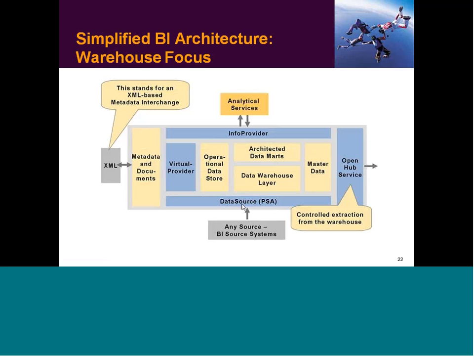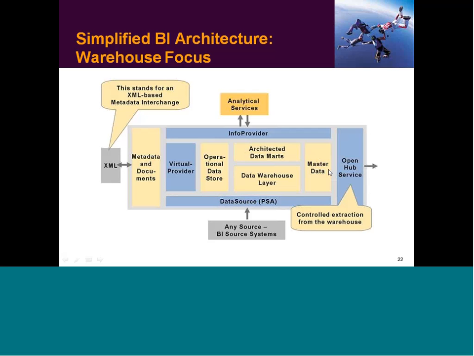Now when you bring the data, you're using the first layer in BW, that is called PSA. Meaning when you extract the data to BW, first you store it in a temporary storage called PSA, which stands for persistent staging area. From PSA you will load it to the different layers in BW. See here clearly master data is separated from the transaction data.